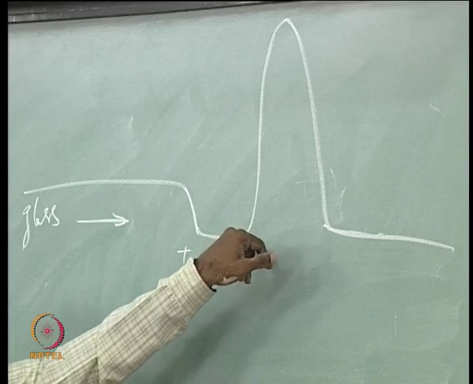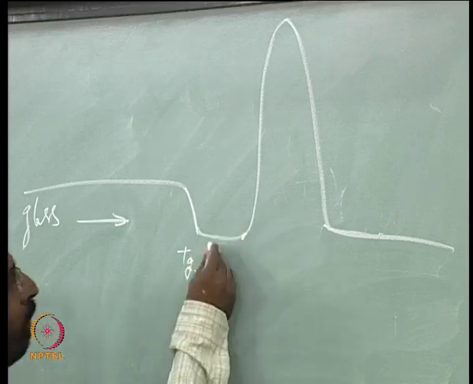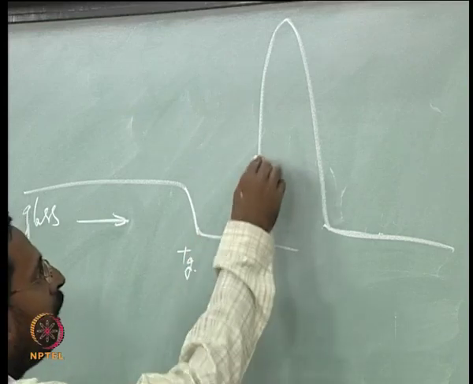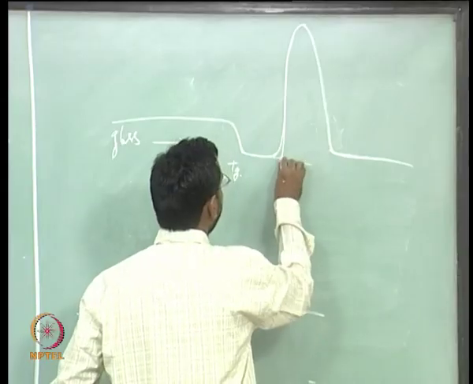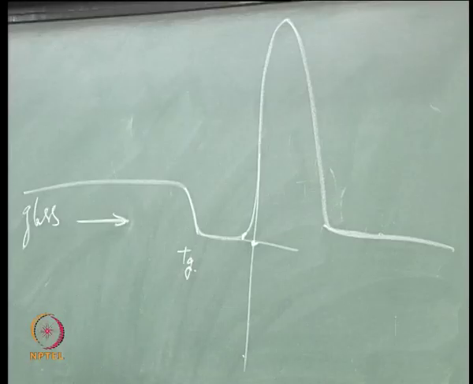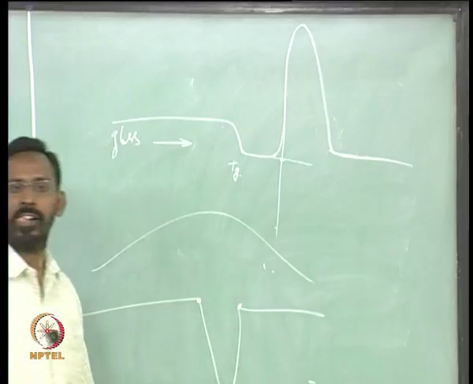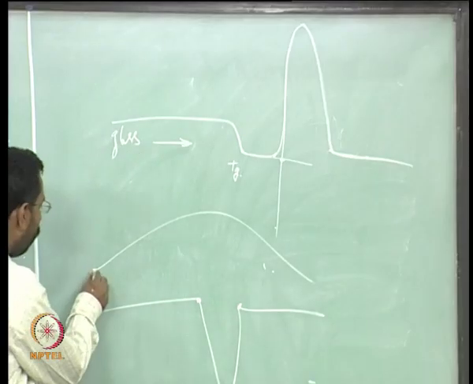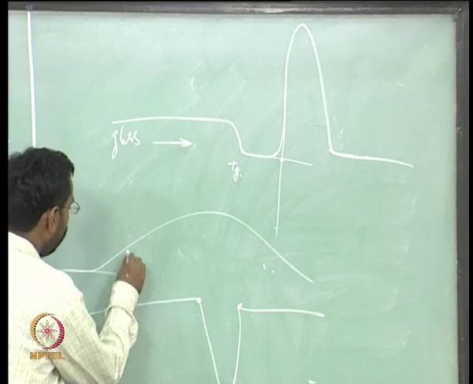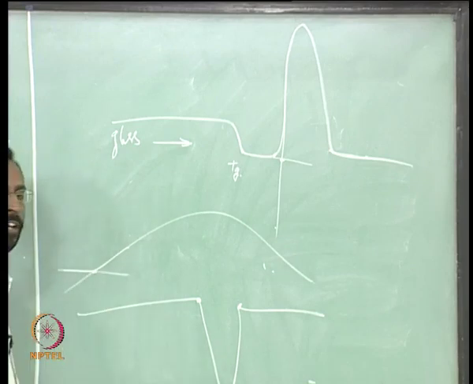The way we identify an onset in any peak is you extrapolate this and you extrapolate this, and wherever these two intersect is what we take as the onset of transformation. Whenever the peaks are very broad, it becomes very difficult to identify. You may still say that I will do this and find it out.